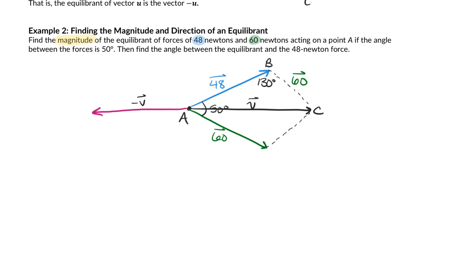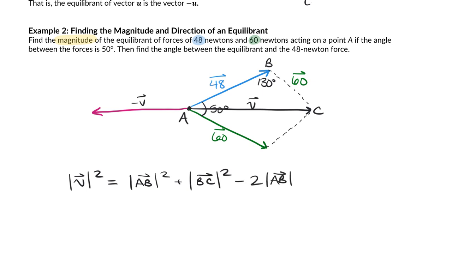The law of cosines says that the opposite side's magnitude squared would be equal to the two side lengths squared, so this is going to be AB squared, plus BC squared, minus 2 times the vector magnitude for AB times the vector magnitude for BC times the cosine of the angle between them.